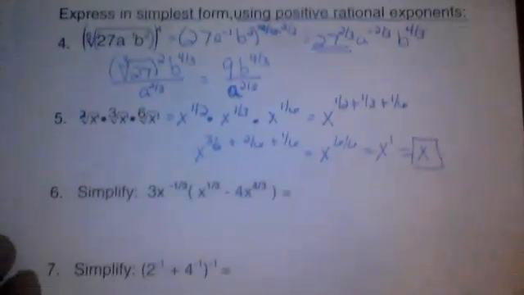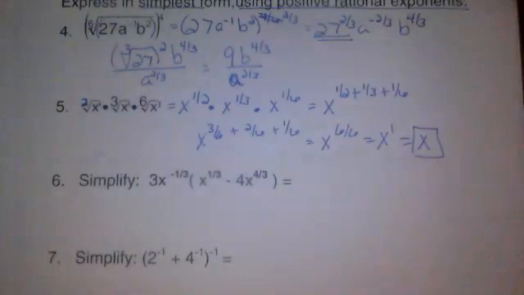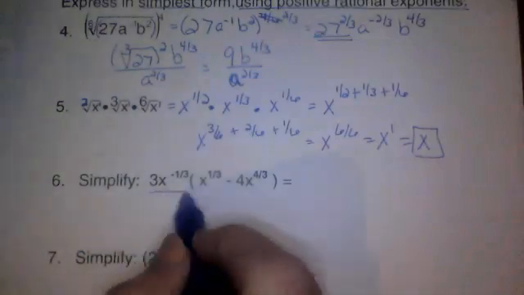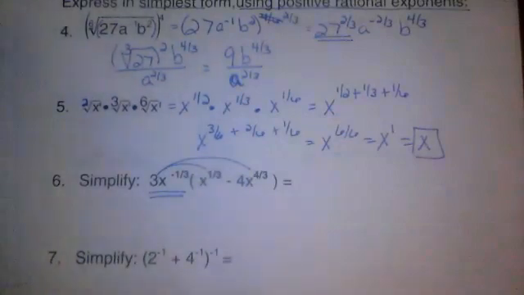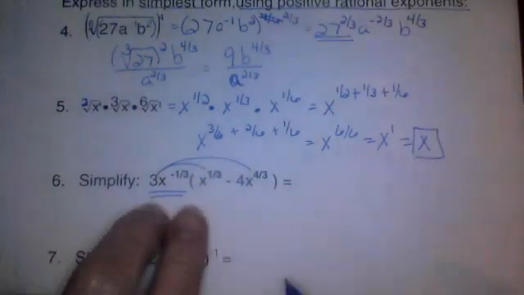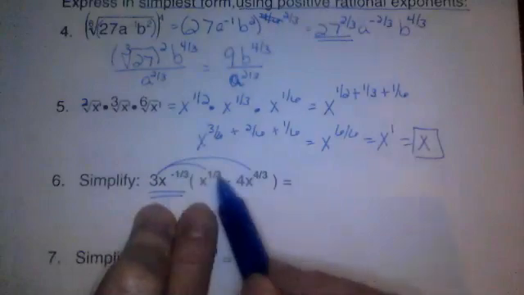All right, a couple more to go here. This one looks like distribution. We need to distribute or multiply this times each of the terms in the binomial. So when we multiply, we add exponents.